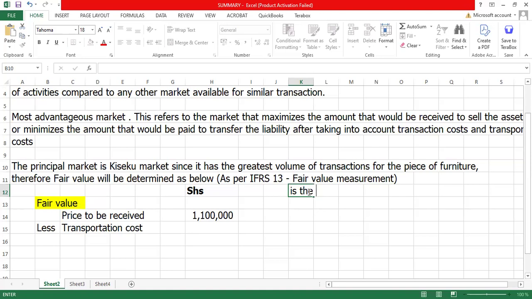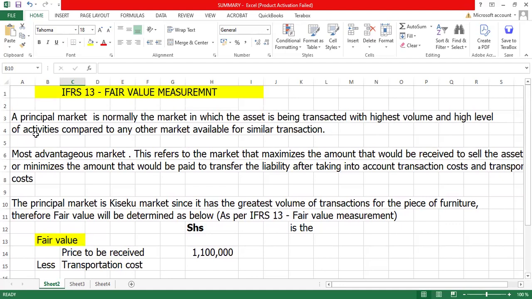The amount to receive minus the cost to sell. The cost to sell is your transportation cost. You don't look at the transaction cost. Transaction cost will be applied in a situation where you don't have a principal market and you want to determine what is the most advantageous market. That's where you can use the transaction cost.